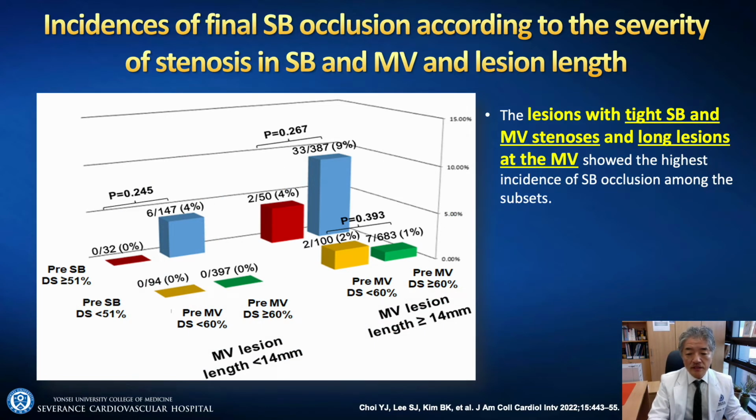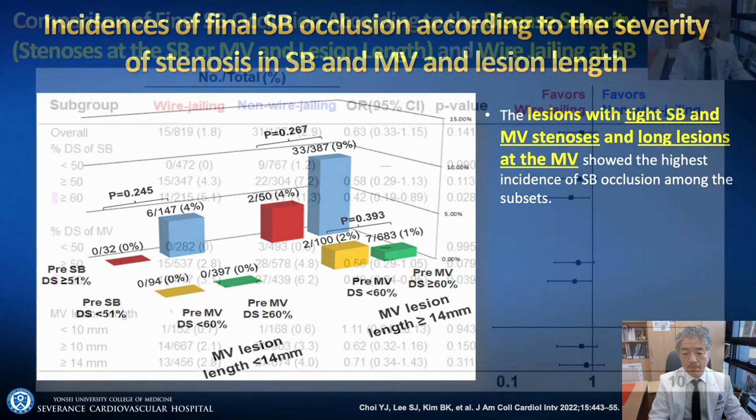When comparing the incidence of final side branch occlusion according to the stenosis and lesion length, the lesions with tight side branch and main vessel stenosis and long main vessel lesions showed the highest incidence of side branch occlusion among the subsets.